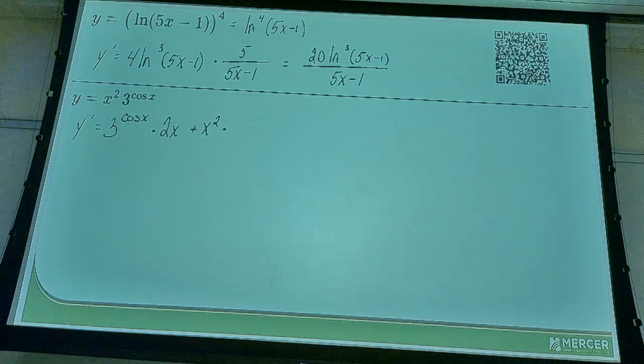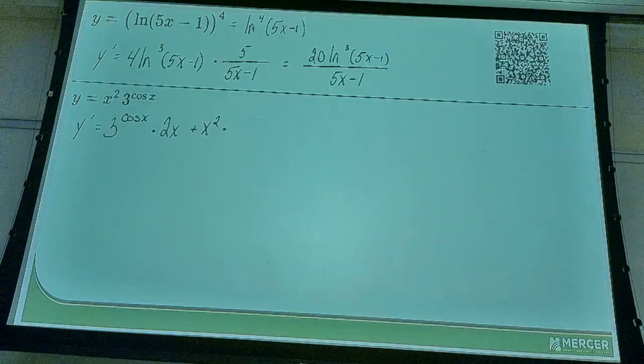What does the general exponential rule tell us? Prime of g times ln of the base.